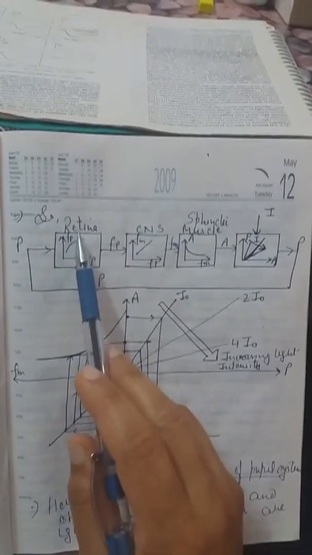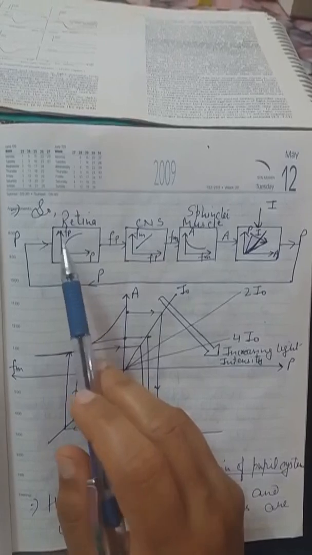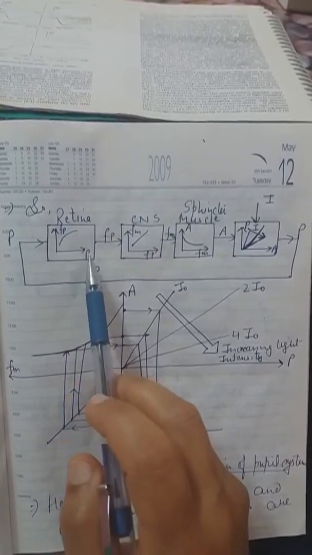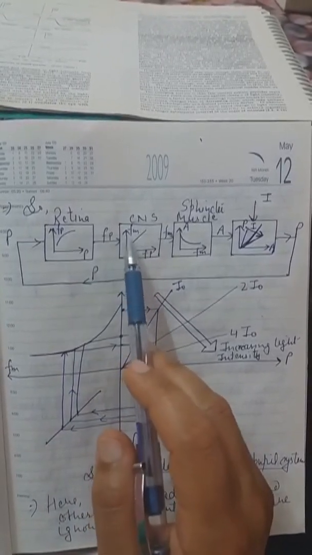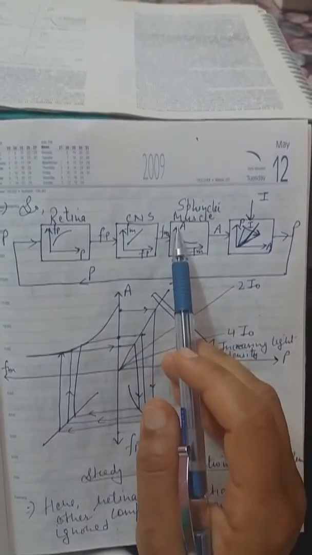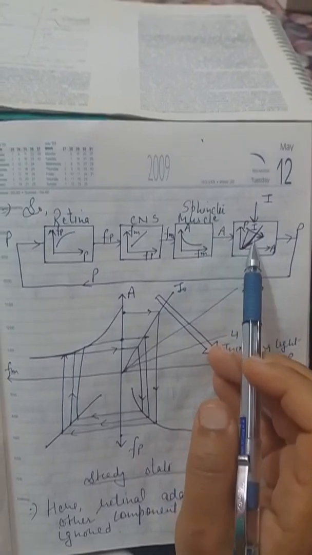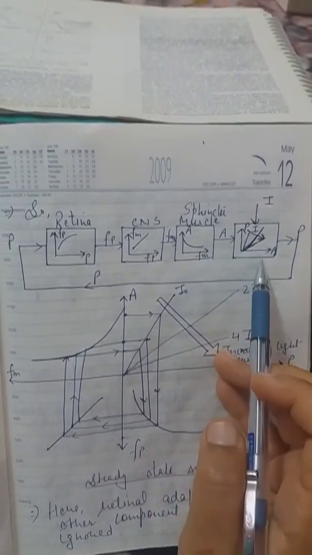For example, in retina, we can visualize a characteristic curve between FP and P. In CNS, we can obtain a characteristic curve between FM and FP. In sphincter muscles, we have relationship between A and FM, and at pupil level, we have a relationship between pupil flux and area.